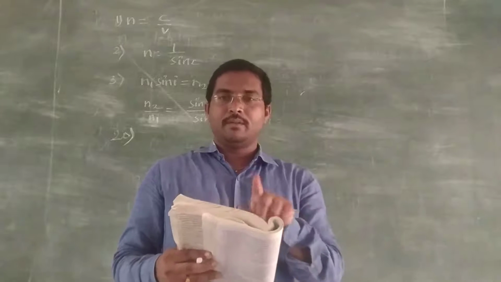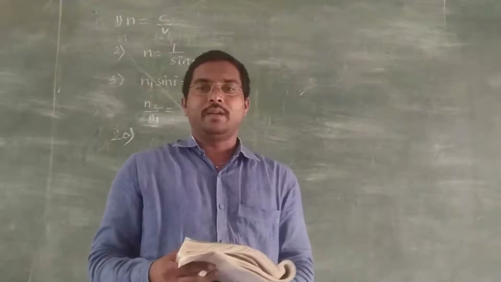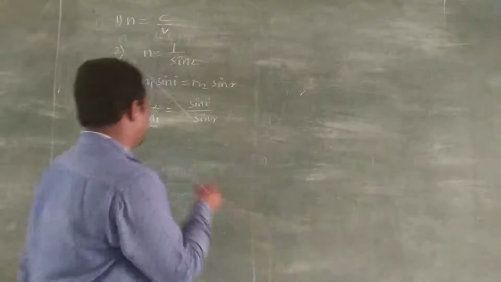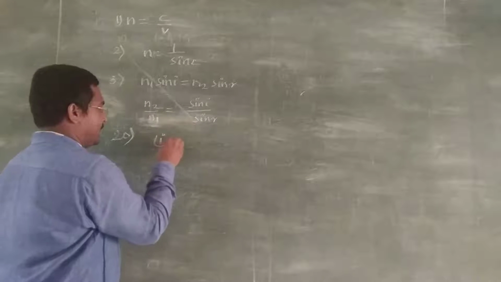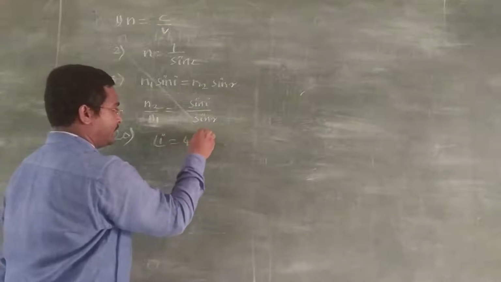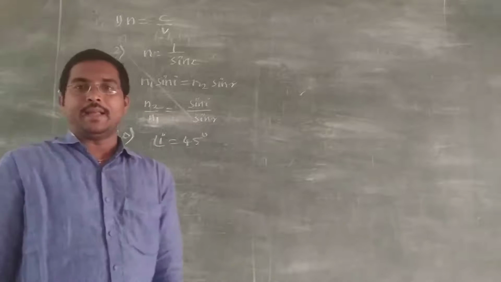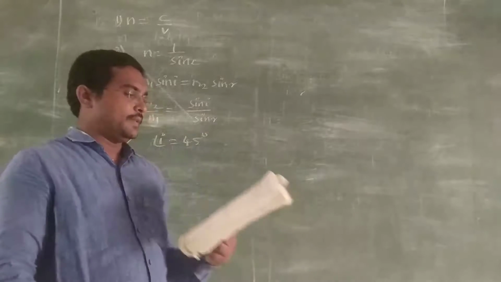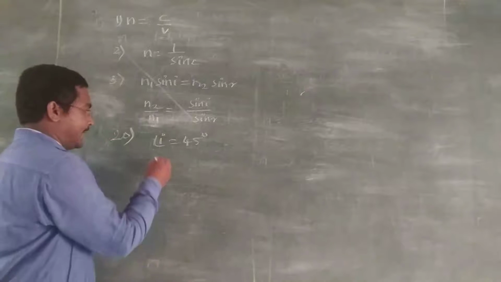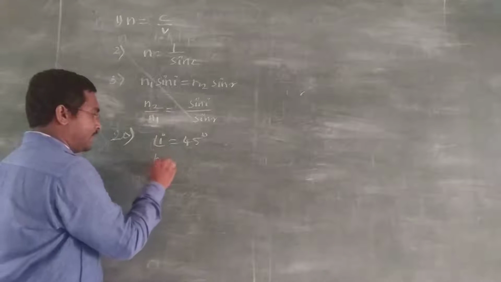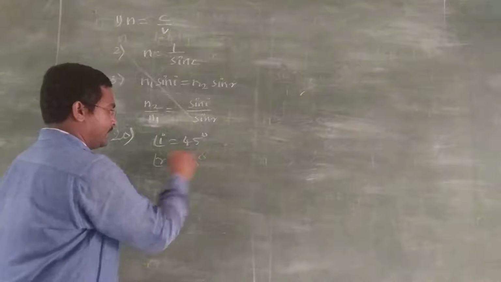So initially the incident angle i is equal to 45 degree. Next, the refracted angle r is equal to 30 degree.